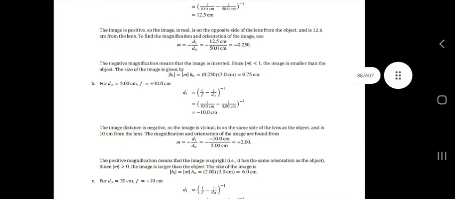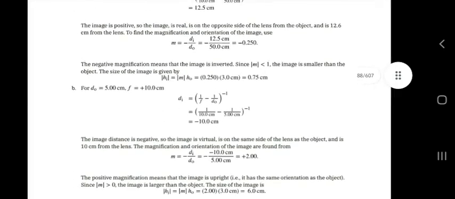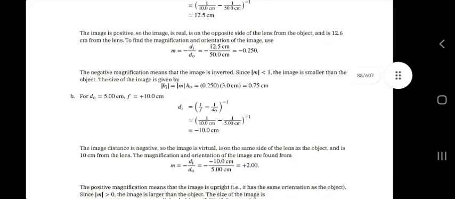For object distance equals 5 cm and the focal length is positive 10 cm, it is the same process as letter A. We must use this formula to find the image distance.